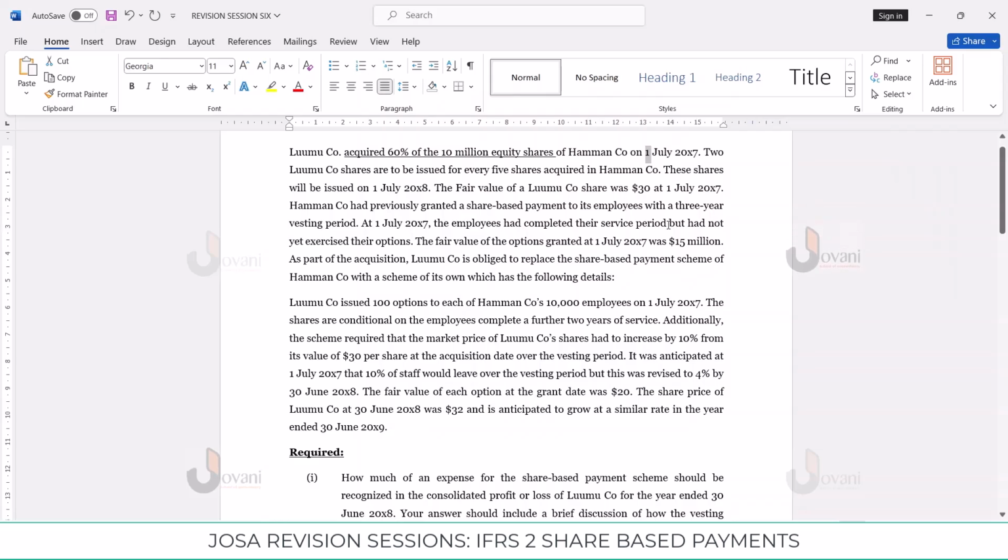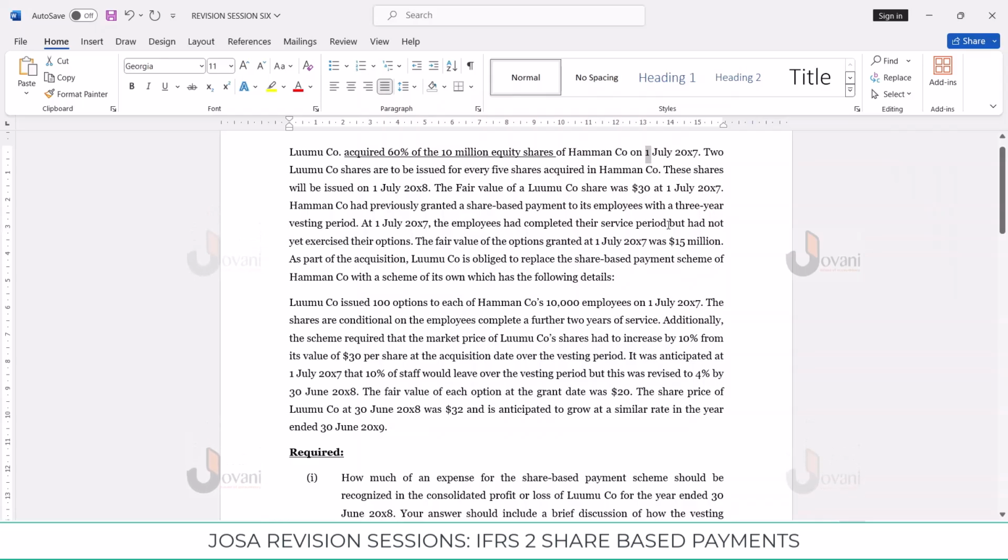If you remember, that is a service condition. Additionally, the scheme required that the market price of L's shares had to increase by 10% from its value of $30 per share at the acquisition date over the vesting period. Who can tell us which condition is this? Which condition is that?